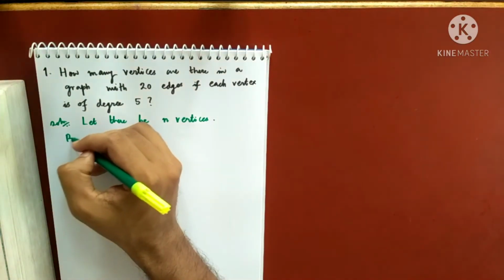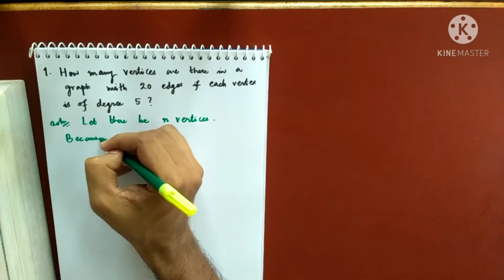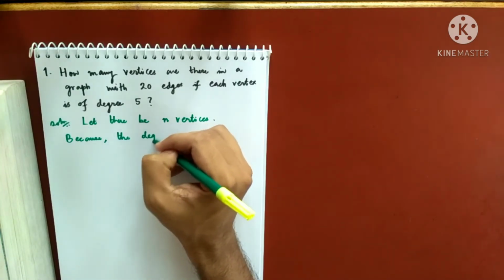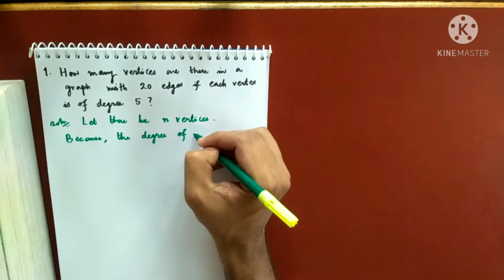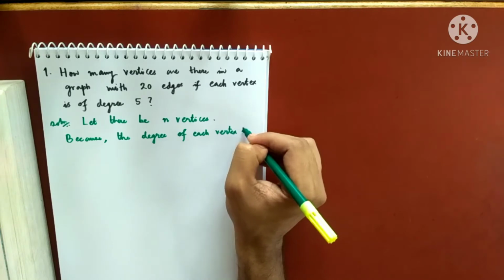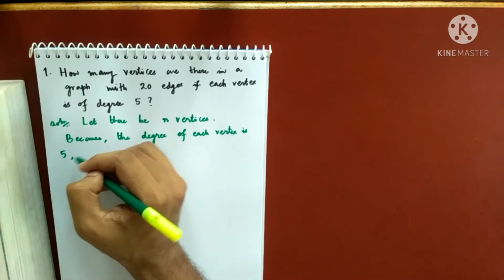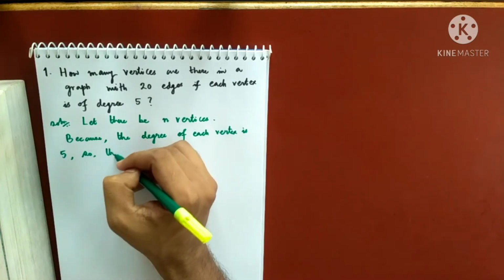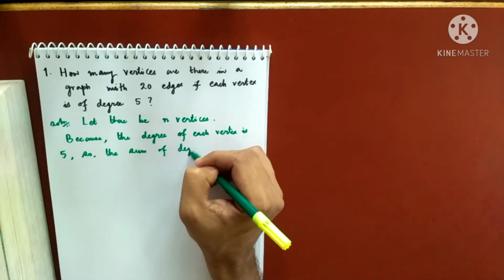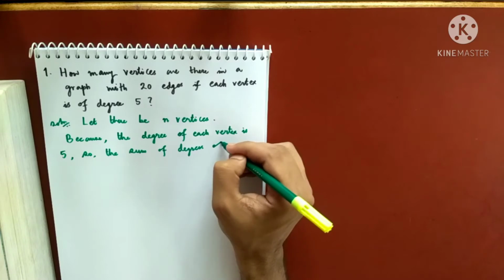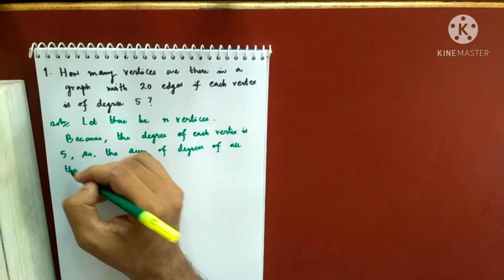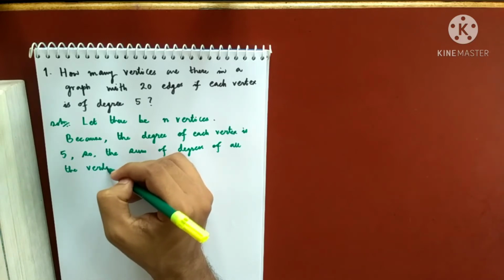Because the degree of each vertex is 5, the sum of degrees of all the vertices will be how much?